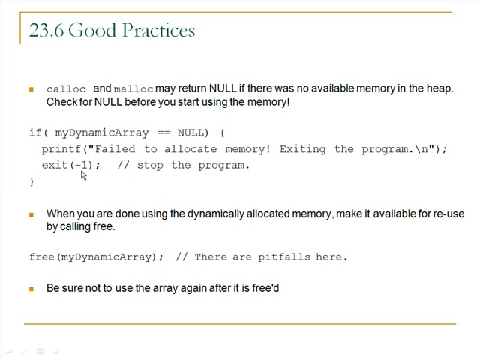So here's a way of getting out of the program: exit, and then some value other than 0. So exit is the method that's been used for a long time in C programs to get out of the program, and if you exit with a 0, that means the program has completed correctly, and if you exit with a negative number, that's supposed to mean that the program is stopping with some sort of an error.